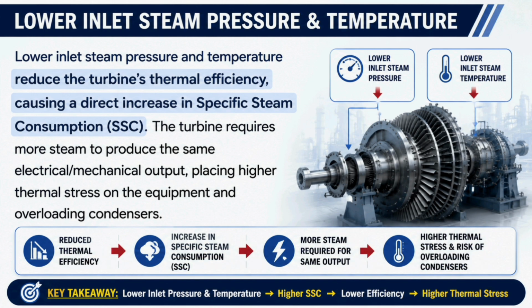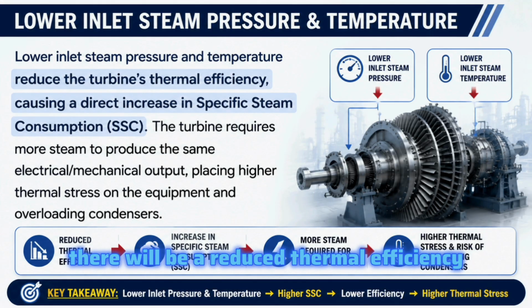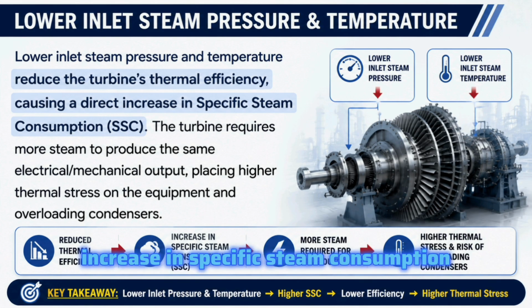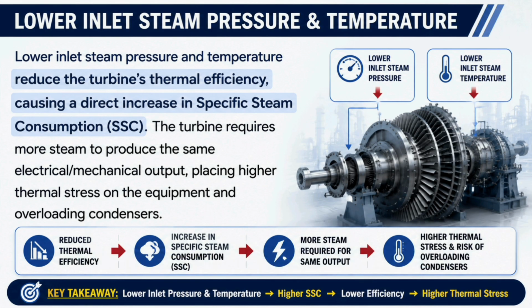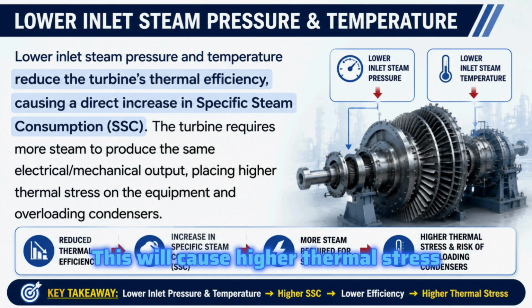So, due to lower inlet steam pressure and temperature, there will be reduced thermal efficiency and increase in specific steam consumption, leading to more steam required for the same output. This will cause higher thermal stress and risk of overloading condensers for the same power generation.